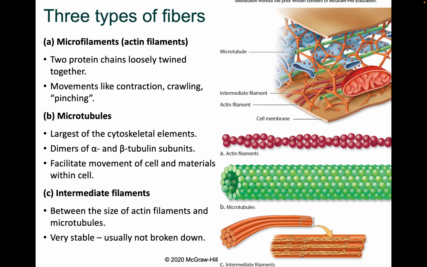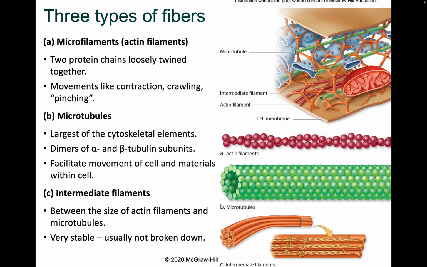If you see cells that are crawling, this is mostly because of the actin. These also help in pinching. This is a process you'll definitely learn more about in mitosis. When the cells start to divide into two cells, there is a membrane that pinches and cuts off. And it's all because of the microfilaments. These actin filaments are basically cutting it in half and giving this pinching motion. So that's why they're important.